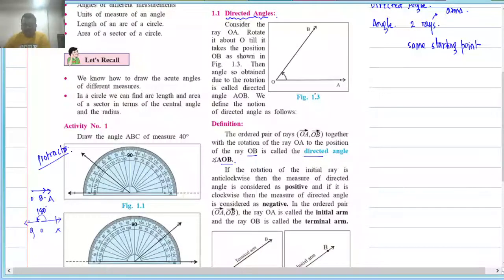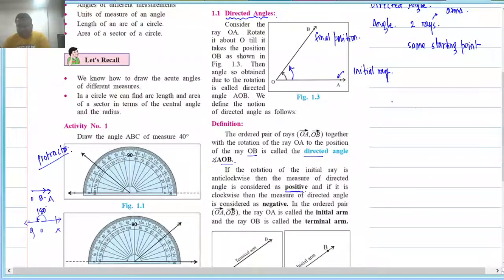Okay, so suppose OA is the initial ray and OB is its final position, and suppose the initial ray is rotated in the anticlockwise direction to reach the final position, then the angle is considered to be positive.